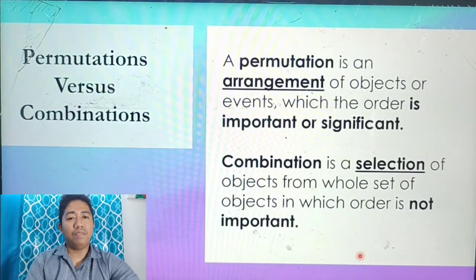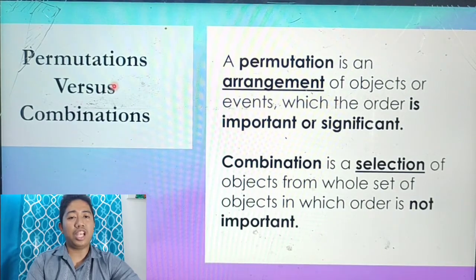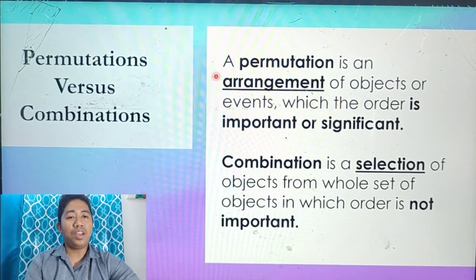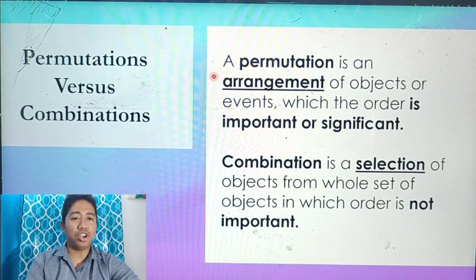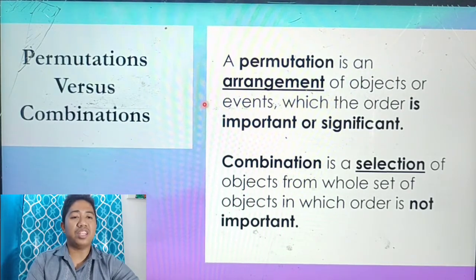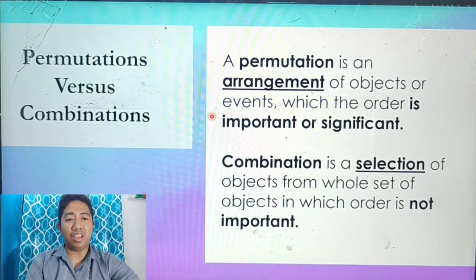So today, let us differentiate between these two different terms, the permutation versus combination. We have already discussed permutation in the previous video. Again, permutation is an arrangement of objects or events in which the order is important or significant.